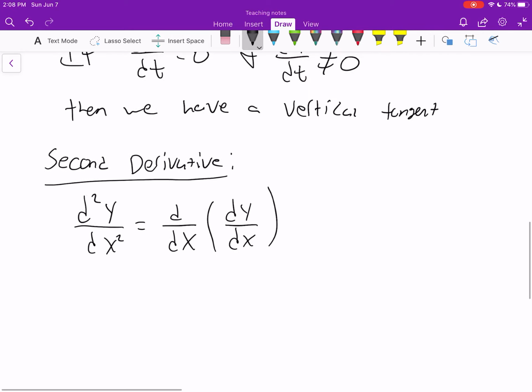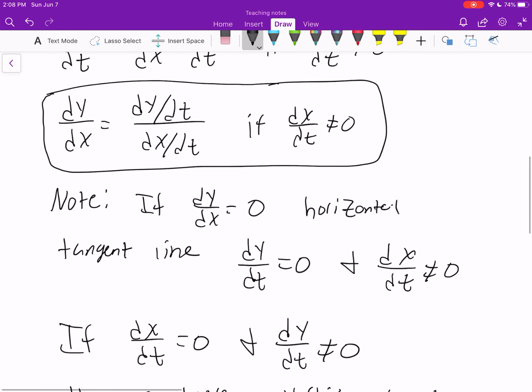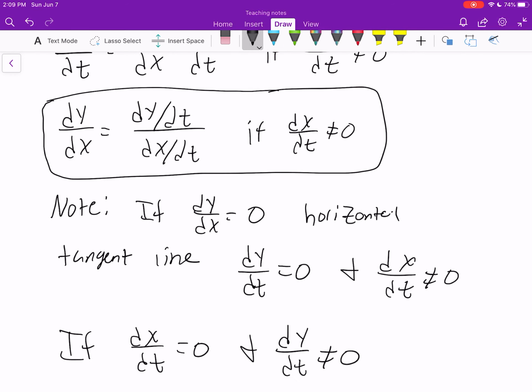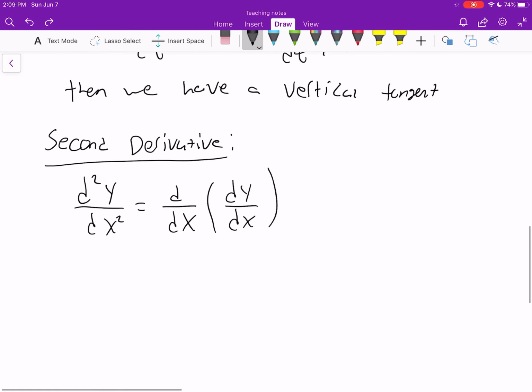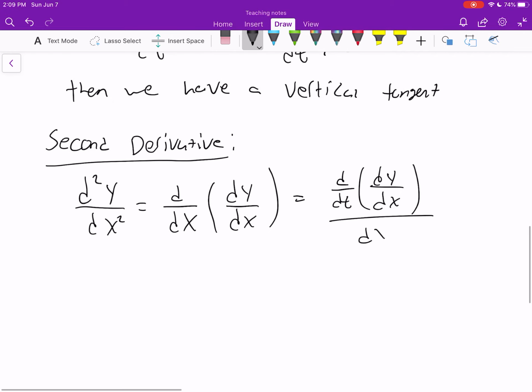And so what I'm going to do now is take this d/dx of dy/dx, and I'm going to use this first equation here and figure out what that is. So instead of a y that I'm taking the derivative of, I'm taking dy/dx. So I'm just going to replace all my y's with dy/dx's, and that's where I'm going to get this equation from. This is going to be d/dt of dy/dx over dx/dt.